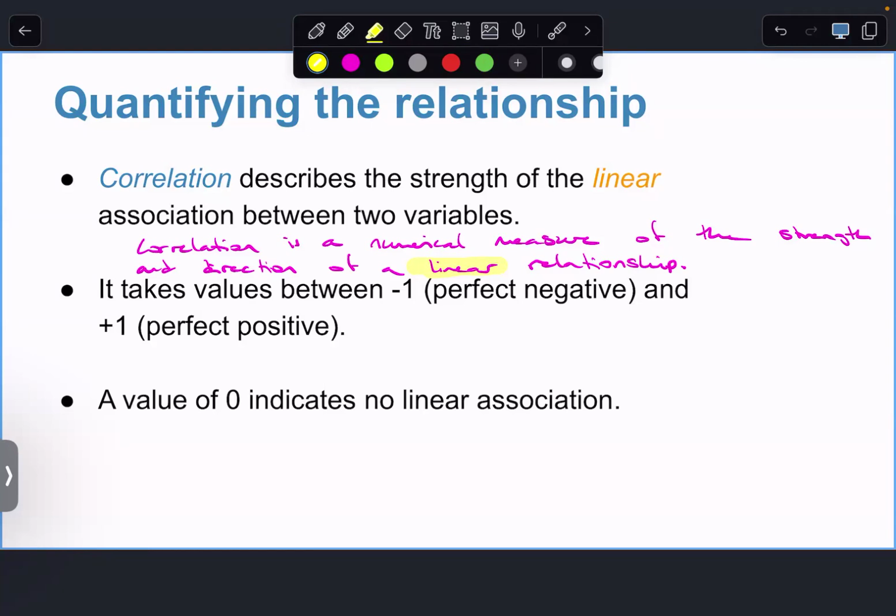Now the correlation is that numerical measure of the strength and direction of a linear relationship. It has to be linear in order for it to apply. The problem is we can always calculate the correlation, just like we can always calculate the mean, but it doesn't always apply. That's our job, to know whether it applies or not.